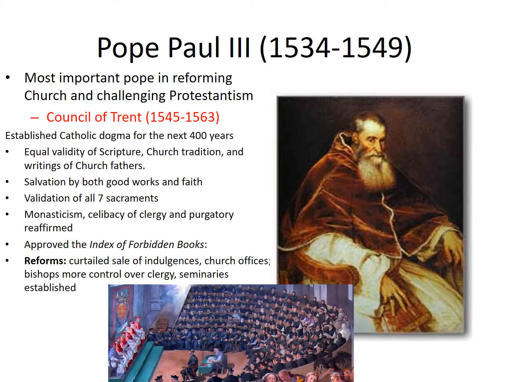And they initiated some reforms, curtailing the sale of indulgences and the sale of church offices. Bishops would have more control over the clergy and make sure that they did what they were supposed to do. Seminaries would be established to better educate the clergy so they wouldn't end up becoming more corrupt, etc.